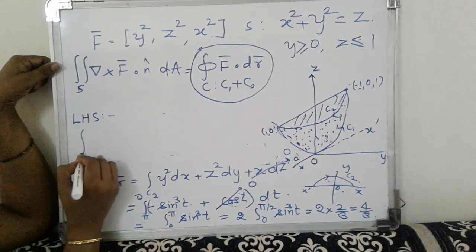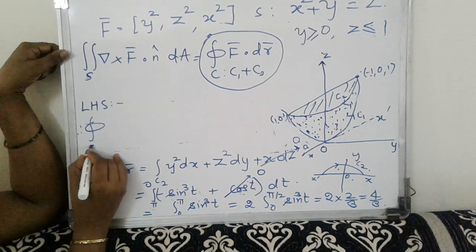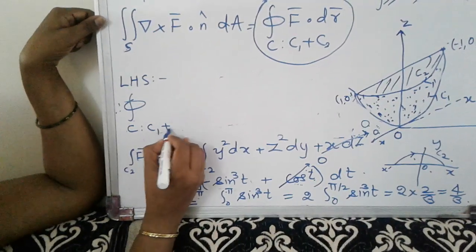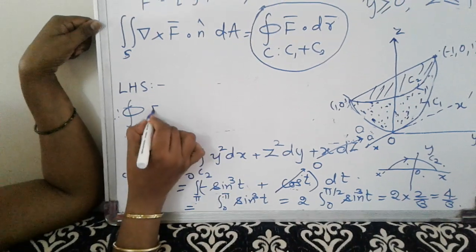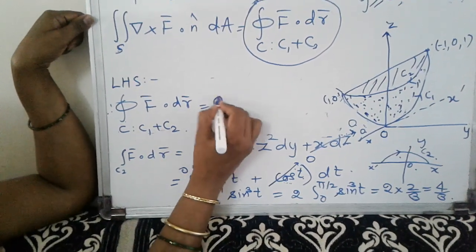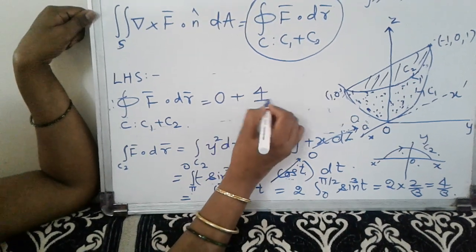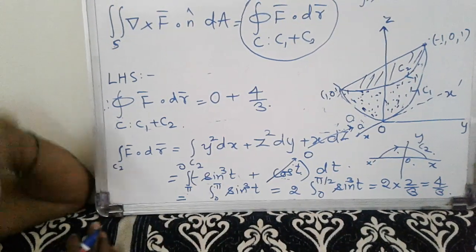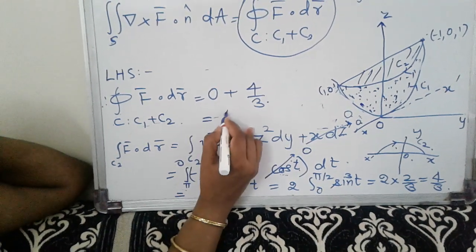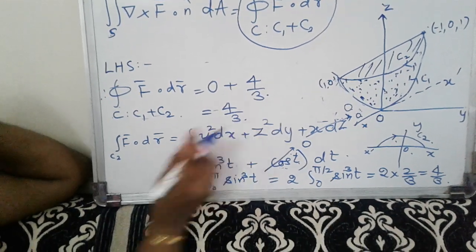Therefore, along the closed path C, which consists of two piecewise continuous curves, the line integral of f bar dot derivative of r bar is equal to 0 plus 4 by 3. The sum of the two line integrals, we just add them, and the value comes out to be equal to 4 by 3.